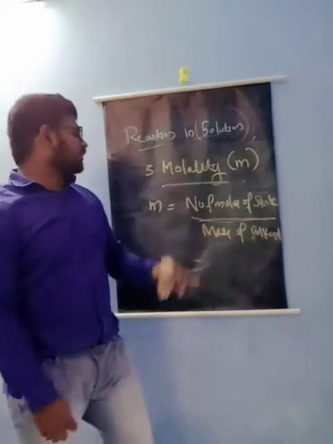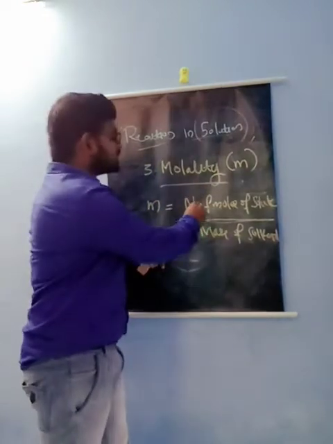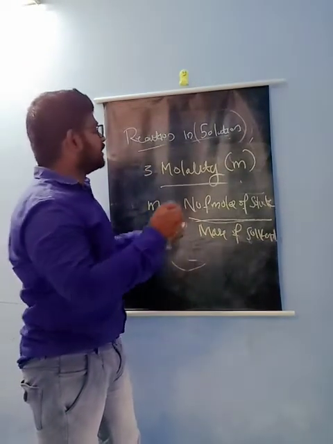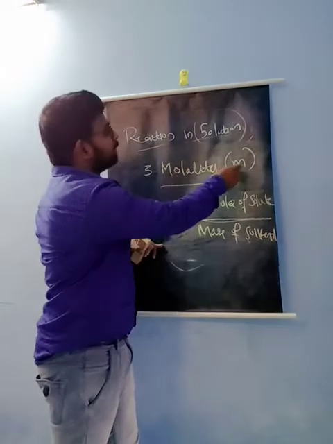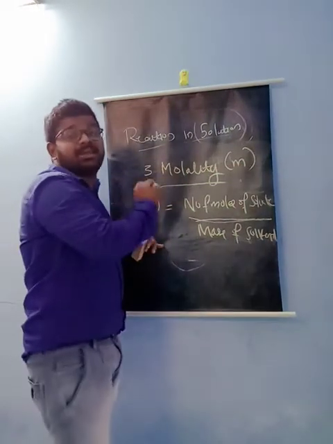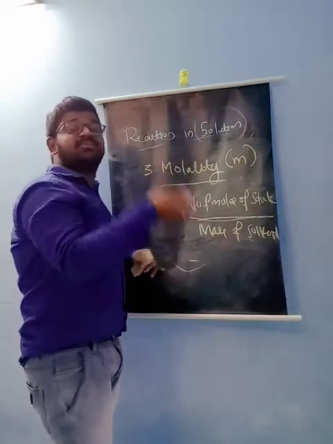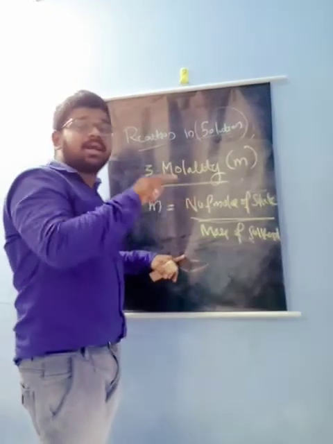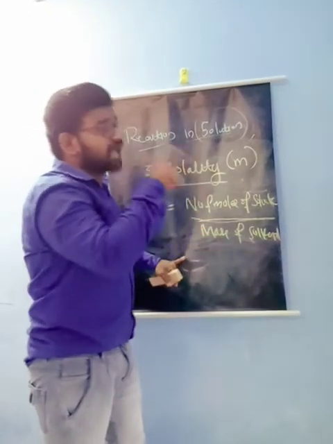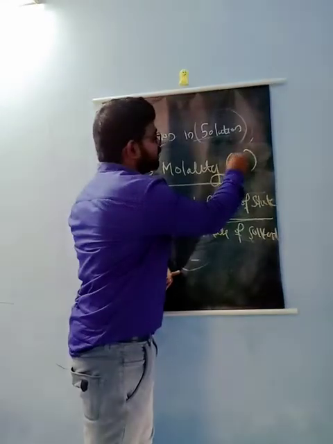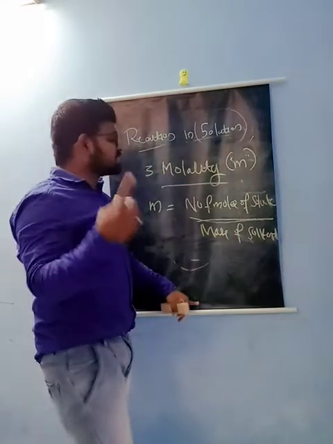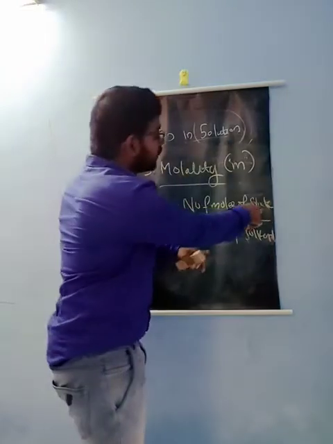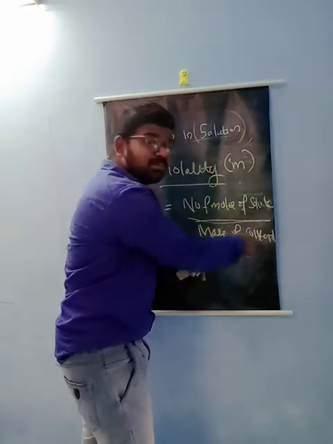The difference between molality, M-O-L-A-L-I-T-Y, expressed in small letter m, and molarity, M-O-L-A-R-I-T-Y, expressed in capital letter M: molarity is the ratio of number of moles of solute divided by volume of solution in liter.